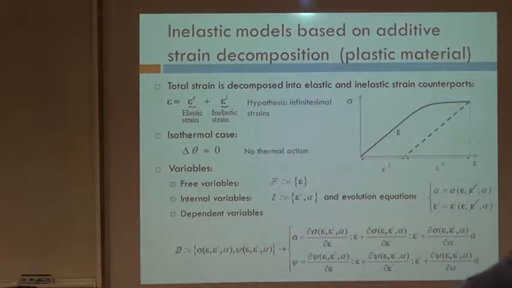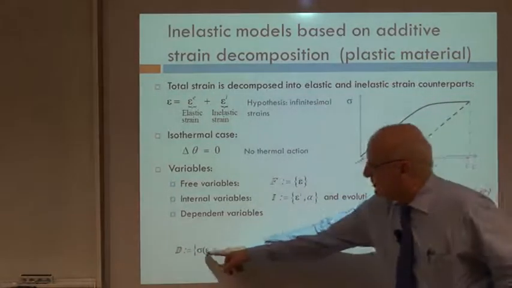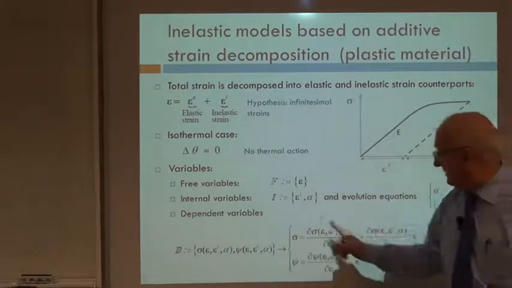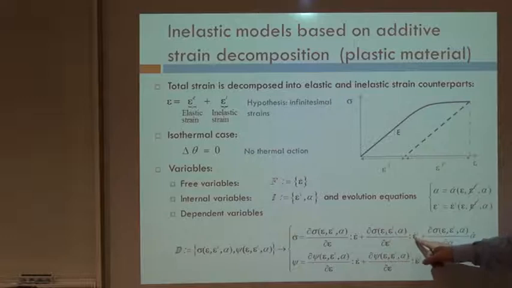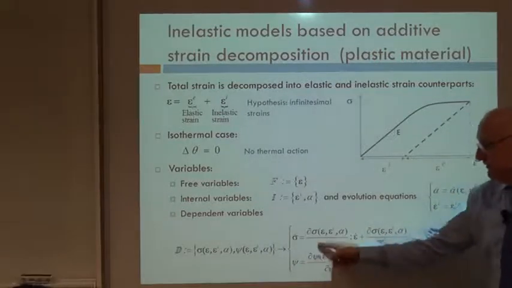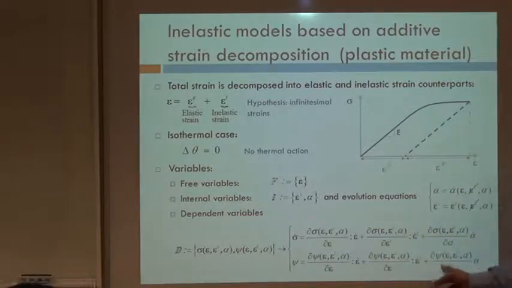So whenever I want to get the time evolution of the stresses, I have to differentiate with respect to the first argument and multiply by epsilon dot, then differentiate with respect to the second argument and multiply by epsilon dot I, and differentiate with respect to the third argument and multiply by alpha dot. The same whenever I need the time evolution of the free energy: differentiate the free energy with respect to epsilon times epsilon dot, with respect to epsilon I times epsilon dot I, and with respect to alpha times alpha dot. That's just a single calculus.